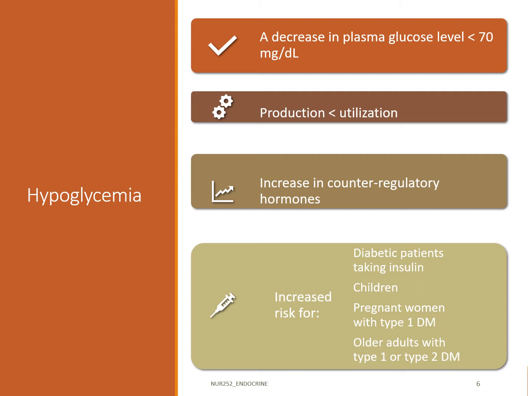In addition, there is a rise in counter-regulatory hormones, those that work to increase blood glucose levels. It is a defense against hypoglycemia. These include glucagon, epinephrine, cortisol, and growth hormones. Those listed here are at the highest risk level for experiencing hypoglycemic states.